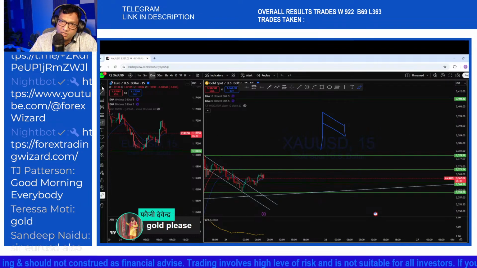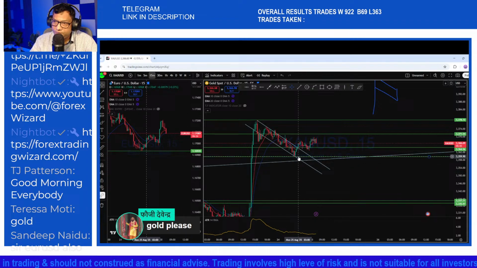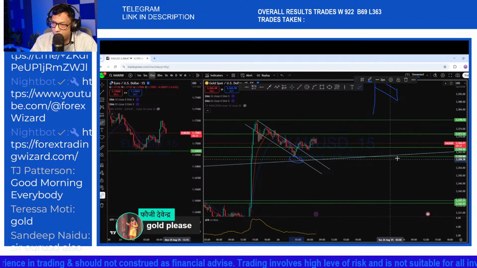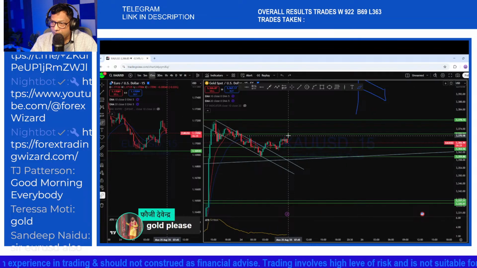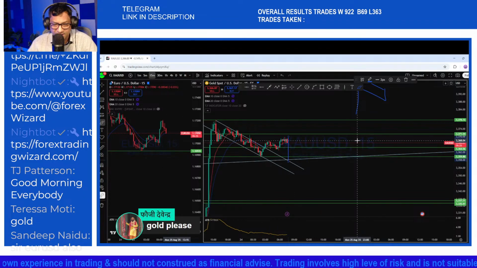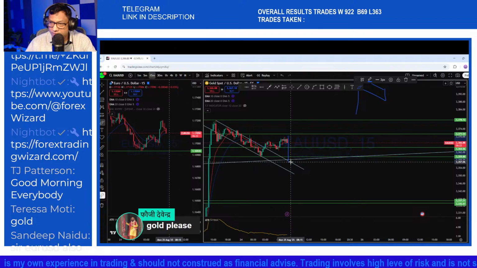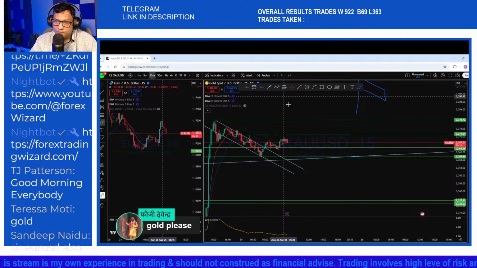So if you look at this bull flag here, what is missing here? It did not break this support. Therefore, a very high possibility for the market to come back, hit those levels, and then to trend back to the upside.